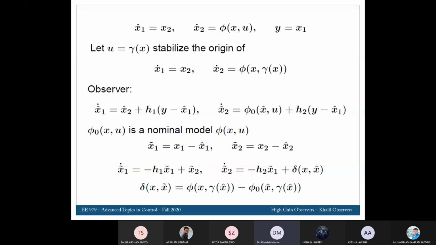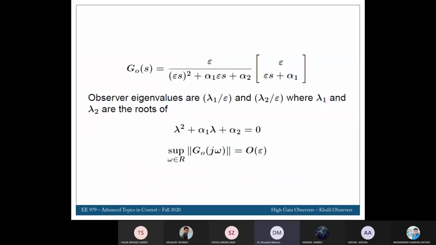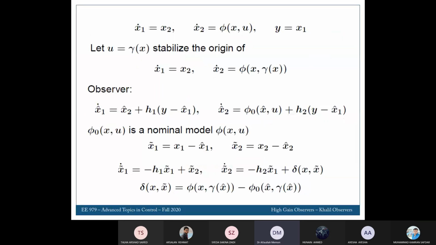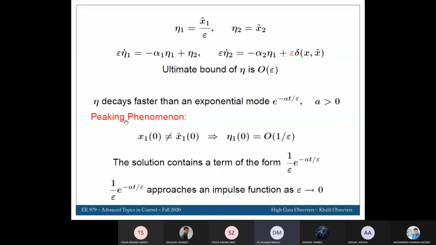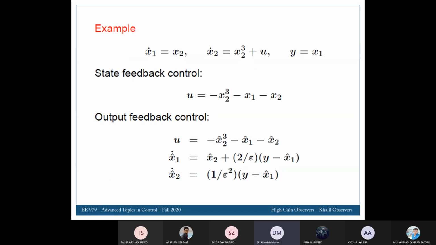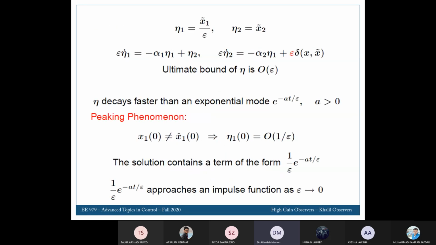The control effort is going to be huge in order to drive the estimation error to zero. That may cause the peaking phenomenon, which may make the system approach finite escape time, which is not a desirable phenomenon.